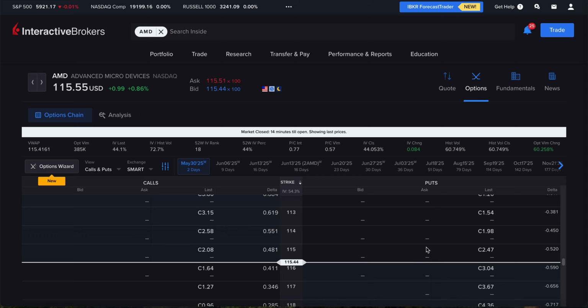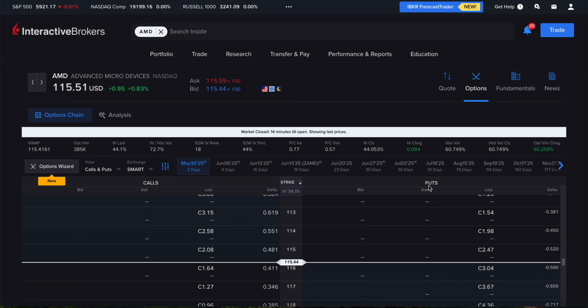Okay, so here's the twist. For out of the money options, delta is often interpreted as the approximate probability the option will expire in the money. So let's recap what is out of the money and in the money.